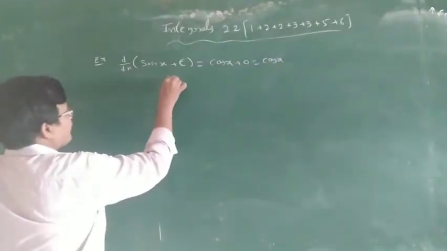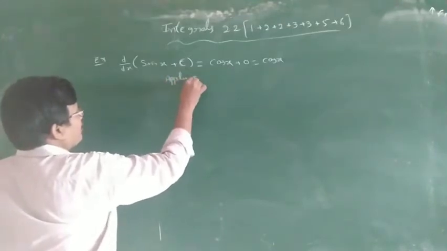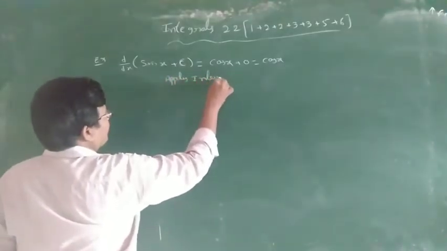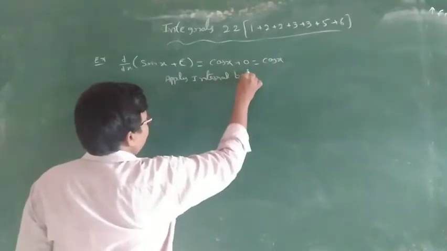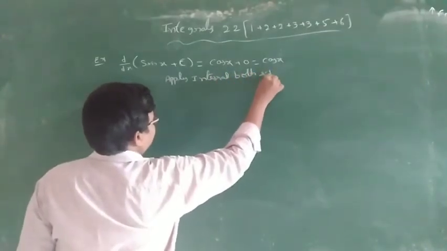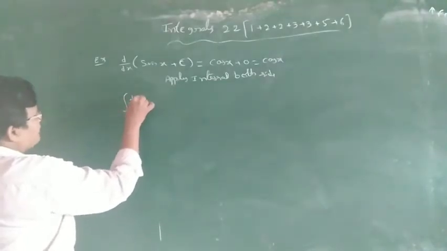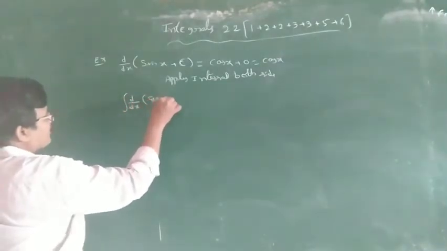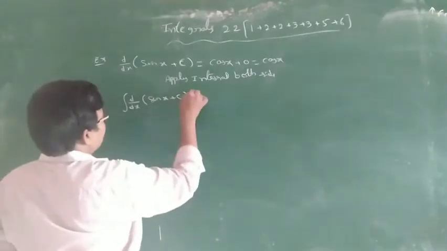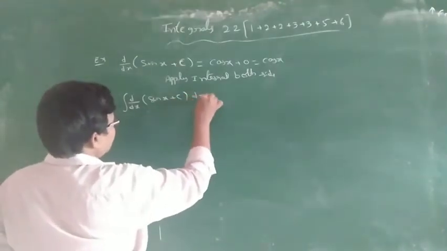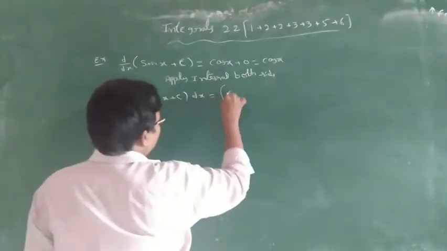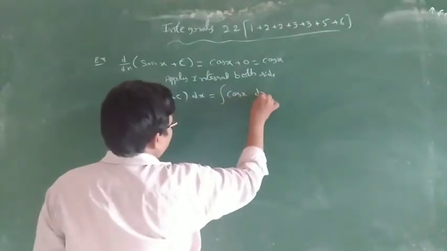So apply integrals on both sides. The integral of d by dx of sin x plus c dx is equal to the integral of cos x dx.